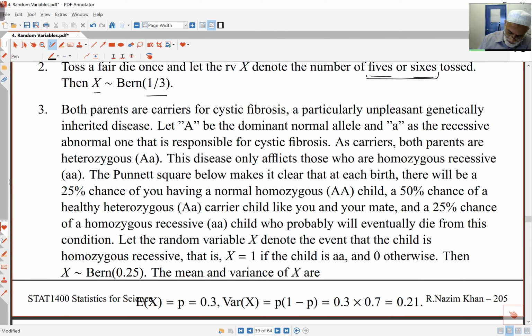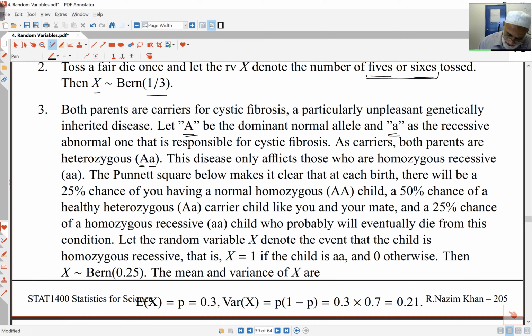Another example, in medicine: if both parents are carriers for cystic fibrosis, then the genes, in fact the alleles involved here, are A, which is the dominant, or small a, which is the recessive. And so if both parents are carriers, that means they carry the dominant and the recessive gene.